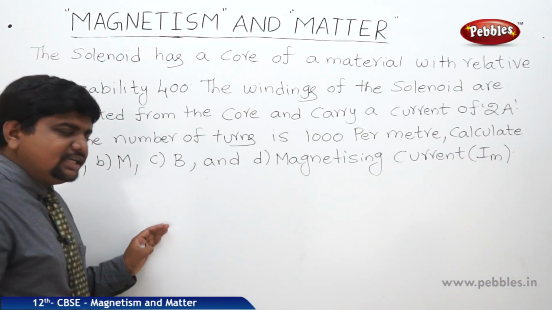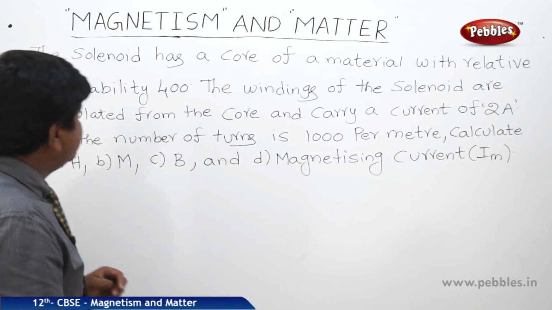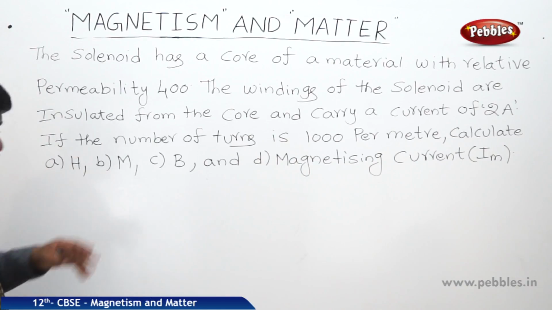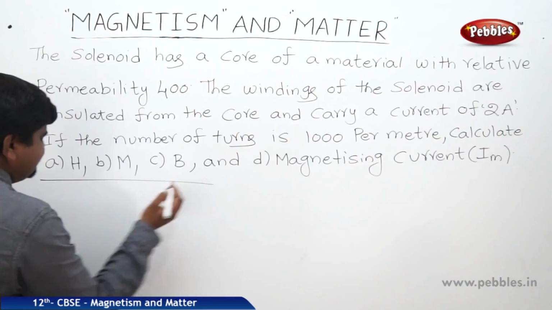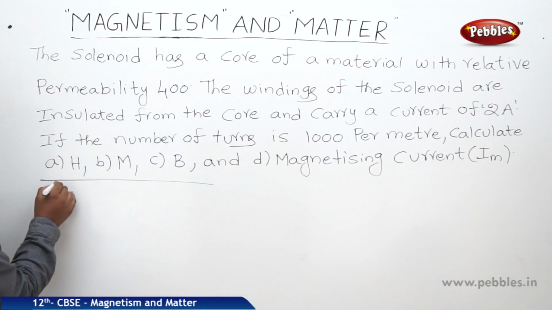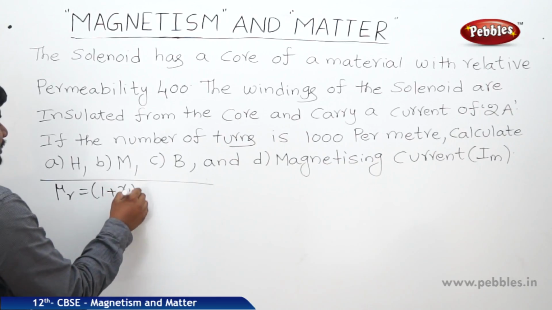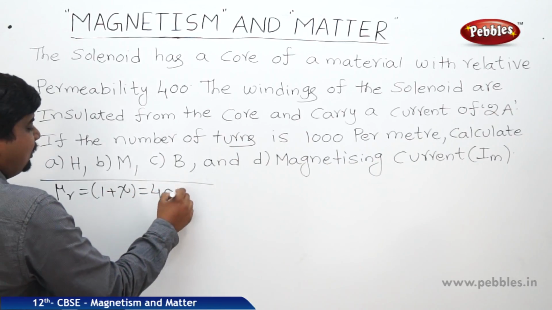This is the problem which relates B, H, mu naught. The content of the problem is: the solenoid has a core of a material with relative permeability 400. So we should write the quantities. Relative permeability mu r is equal to 1 plus chi is equal to 400.